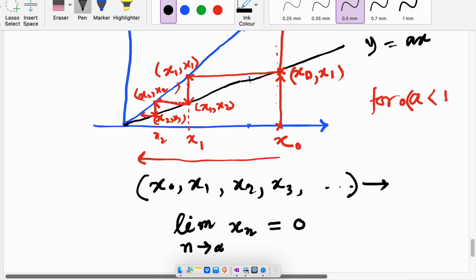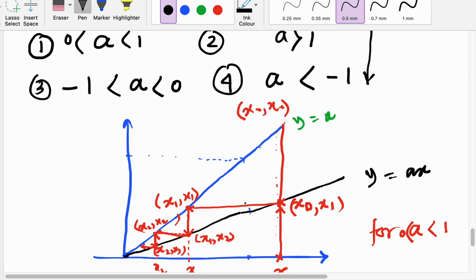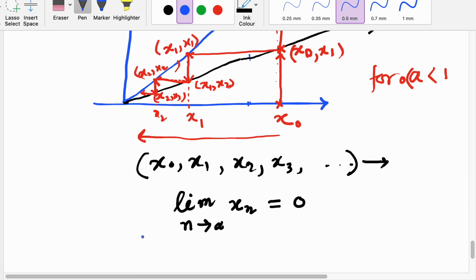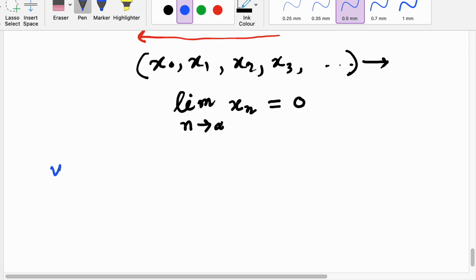So it has a limit, so x equal to infinity. I request you to draw the cobweb diagram for a greater than 1. If you draw it by yourself, you will get the feel for a function f(x) equal to ax, where a is greater than 1.